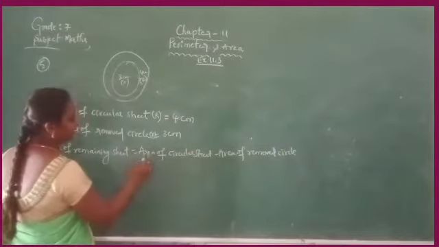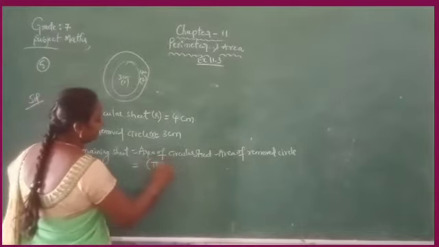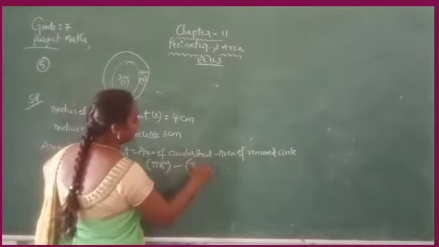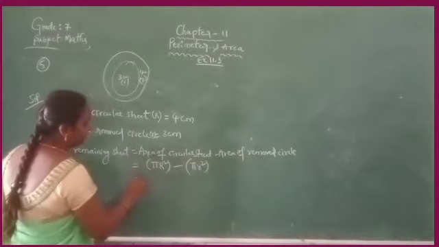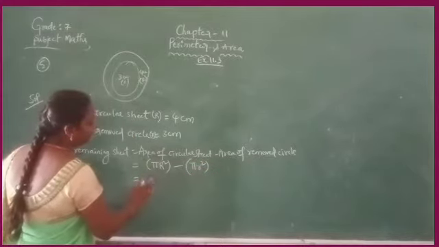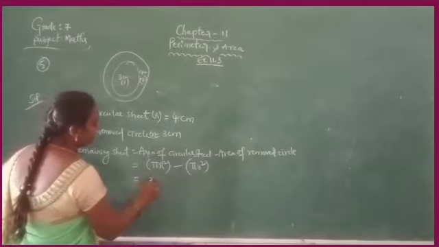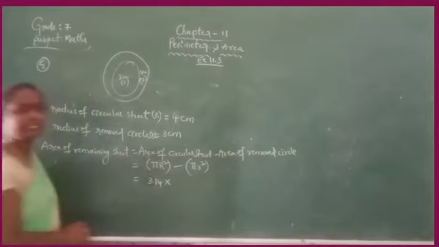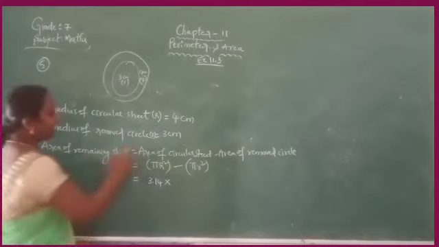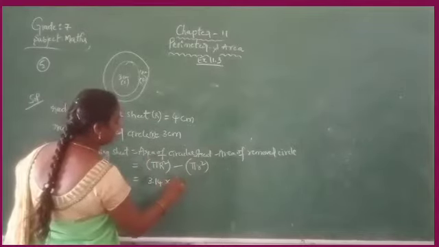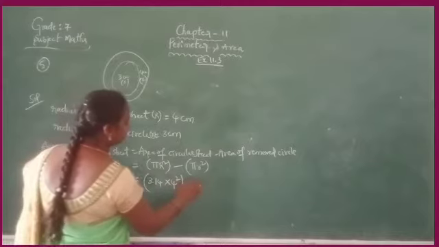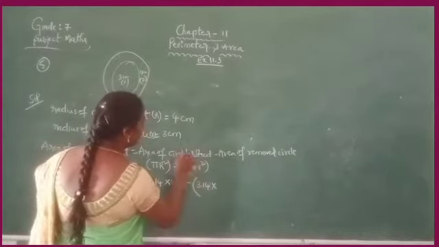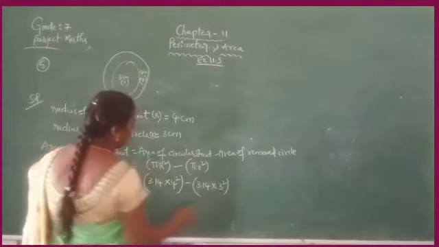Area of circle, that is pi capital R square minus pi small r square. Then pi. Okay, so pi value here, take 3.14 into capital R, that is 4 square, minus pi value 3.14 into small r is 3 square.